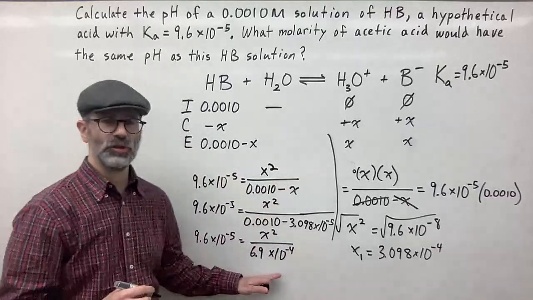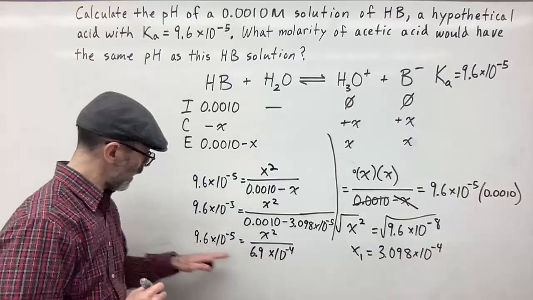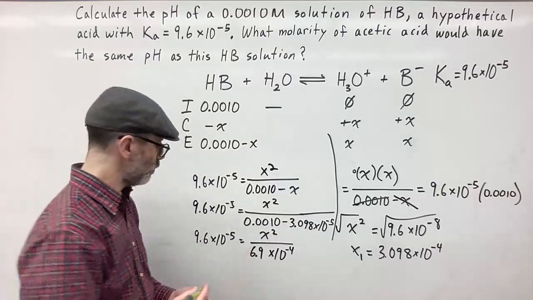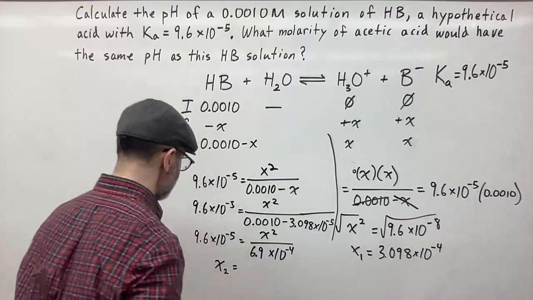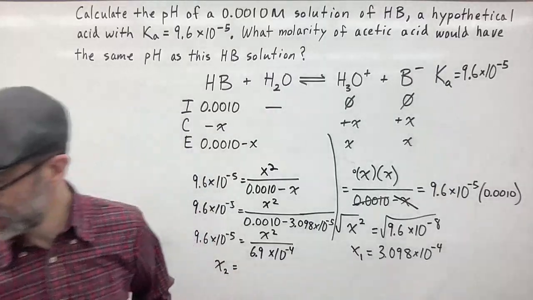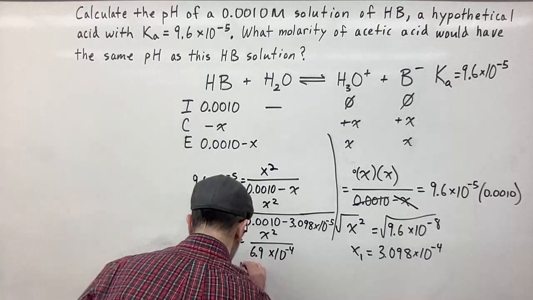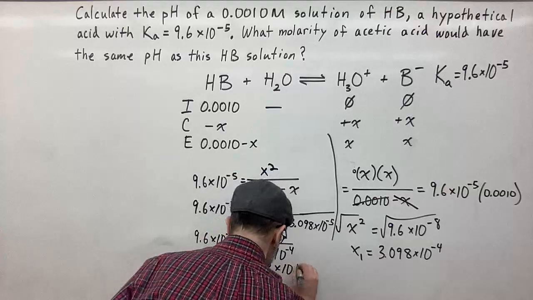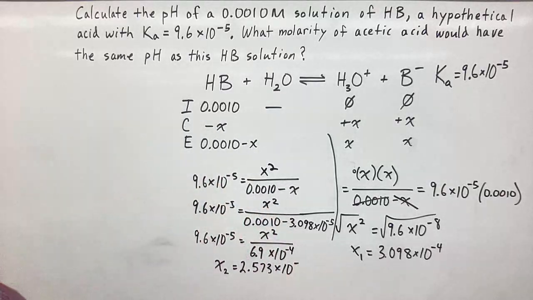Then all I have to do is multiply both sides by the bottom here, isolate x squared, and then take the square root. That's going to be x sub 2, the second iteration of x, and what I get is 2.573 times 10 to the negative 4.